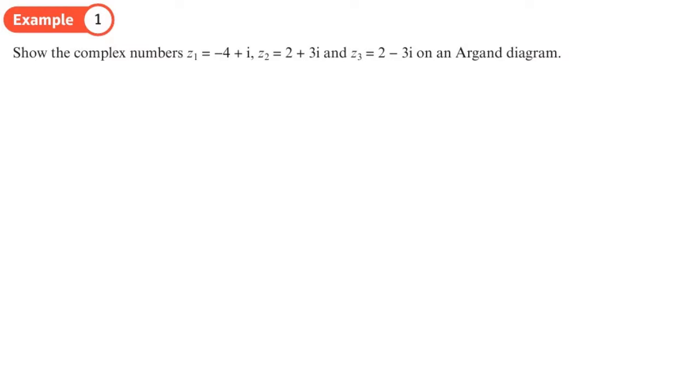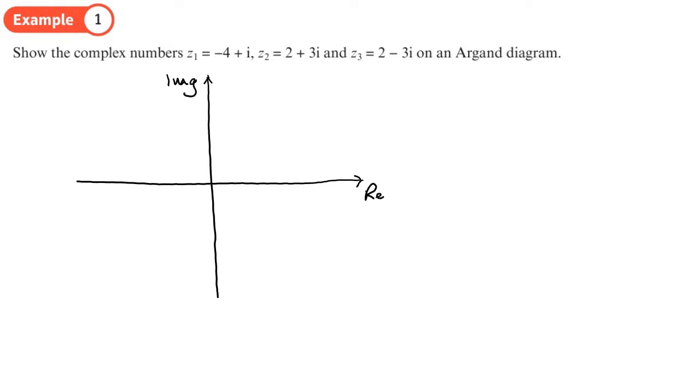Show the complex numbers, 4 of them, on our Argand diagram. Now, it doesn't need to be a perfect diagram. Just try and draw it as neatly as you can. Probably want to draw the axes with a ruler. So real and imaginary, that's fine. First one, -4 plus i.